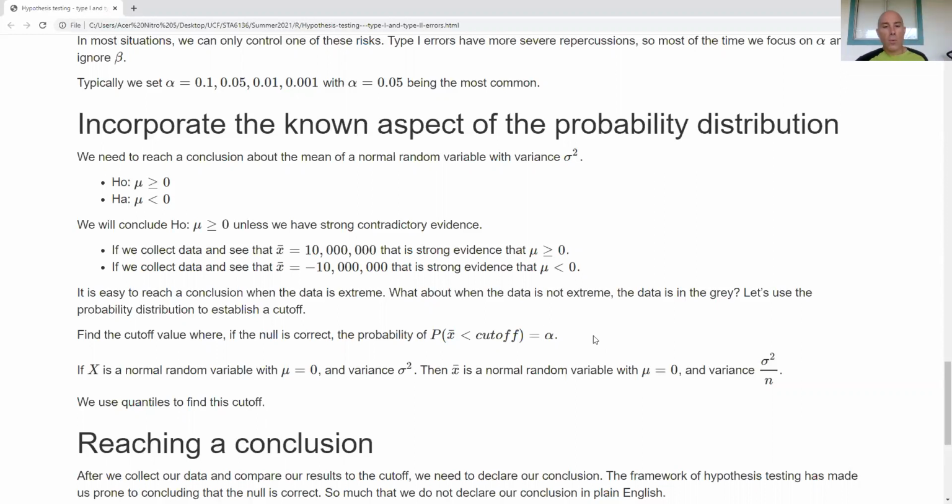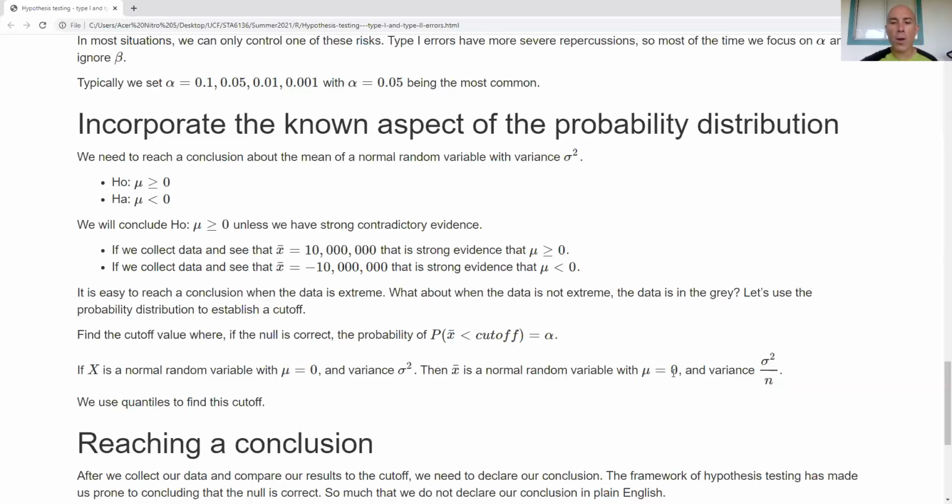So I see that I'm using a sample average, right? And we're using a normal random variable. If I have a normal random variable that is independent and identically distributed, then my sample average is a normal random variable, but with reduced variance and the same mu.